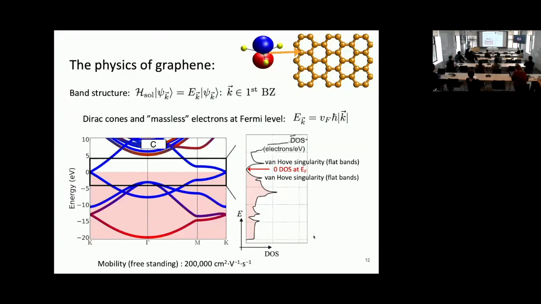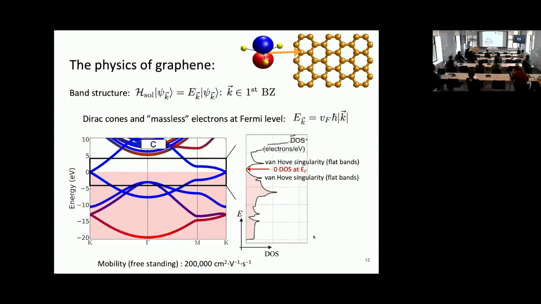And in fact, it was suggested early on that if you could hit these regions up here or down here, where there's large densities of states referred to as Van Hove singularities or flat bands, then you might even be able to make graphene into a superconductor.